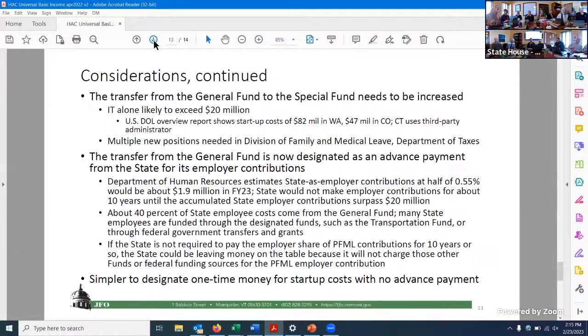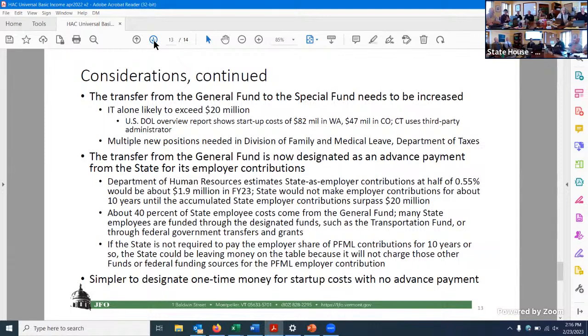Unfortunately, only about 40% of employee costs for state employees comes out of the general fund. The rest come from special funds like the transportation fund. I think that's the easiest one to think about. The transportation fund has its own sources of funding, and it pays all the employee costs of transportation employees, except those that are funded by the federal government.